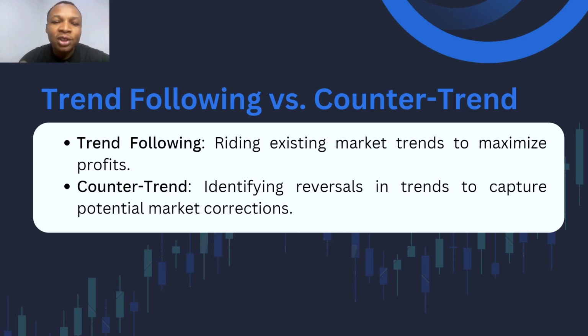But if it's teaching you to go against the trend, then it's a counter trending strategy. Whether you're counter trending or trend following depends on the strategy that you are using. And mind you, any of these methods will make you some profits, but it depends on the strategy you're using, how you're using them, how you're analyzing them, and finally, how much you are risking on these strategies.